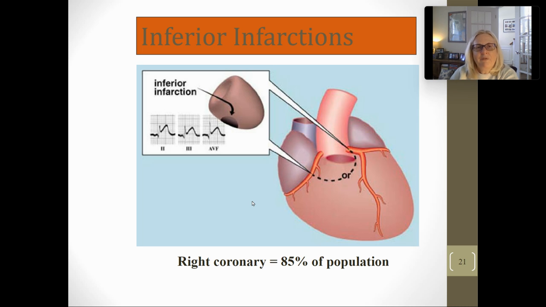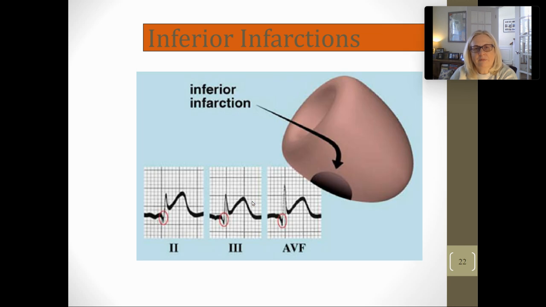Okay, so an inferior infarct, this one right here, is about 85% of the population. If they have a heart attack, it's usually in this area. Believe it or not, yes. So they happen in leads 2, 3, and AVF, right? Inferior, because those three leads look at the inferior region of the heart.